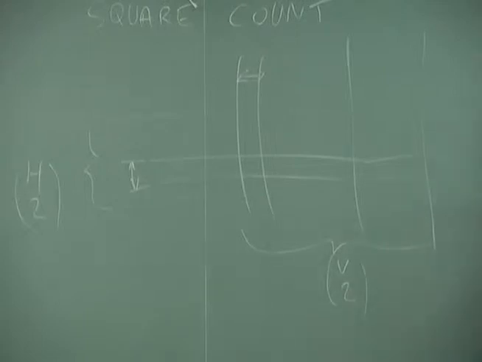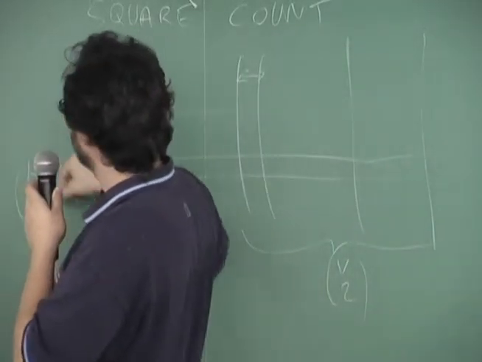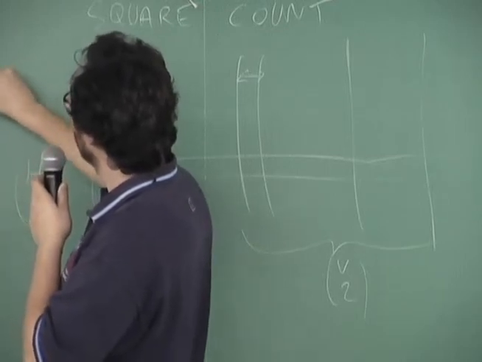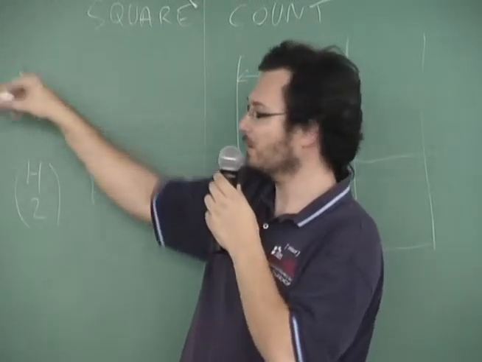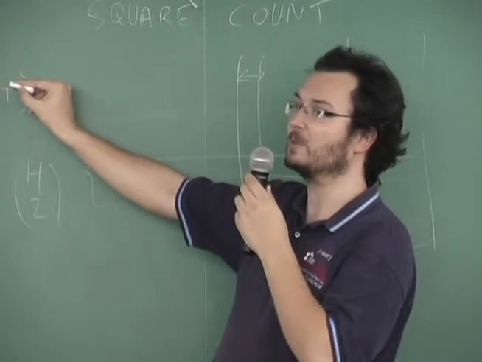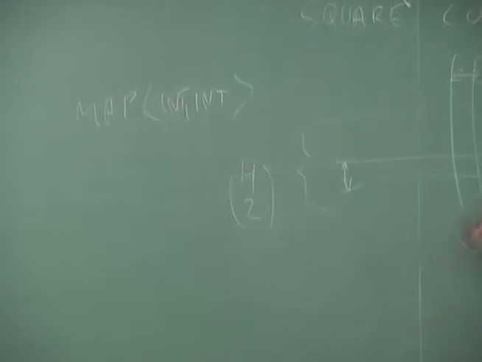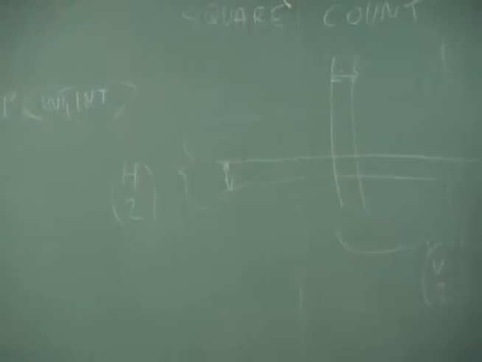So probably the easiest way to implement this, the shortest code, would be to store a map from int to int. For each distance between two horizontal lines, we record the number of times we have seen this, and then we process the pairs of vertical lines, and each time we take a look into the map and add the value to the result.